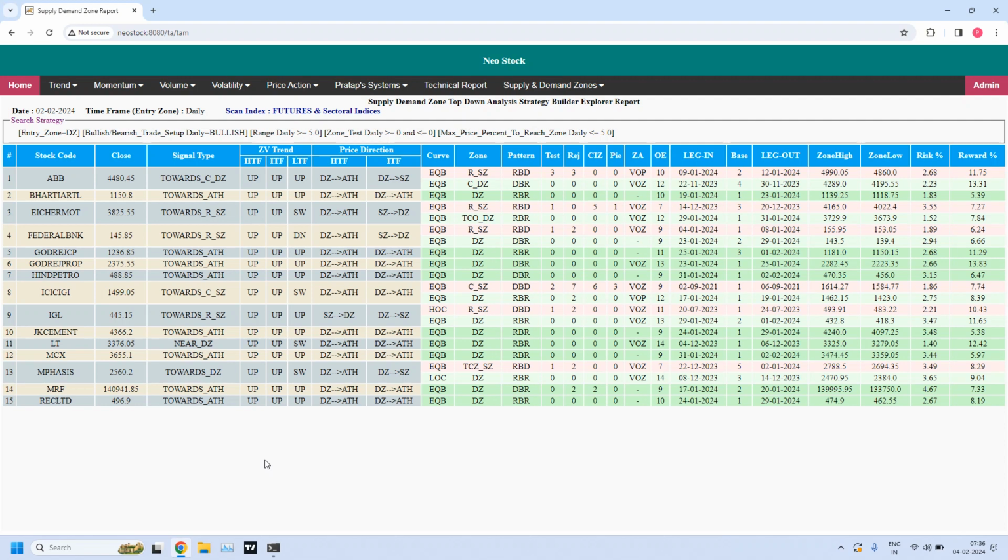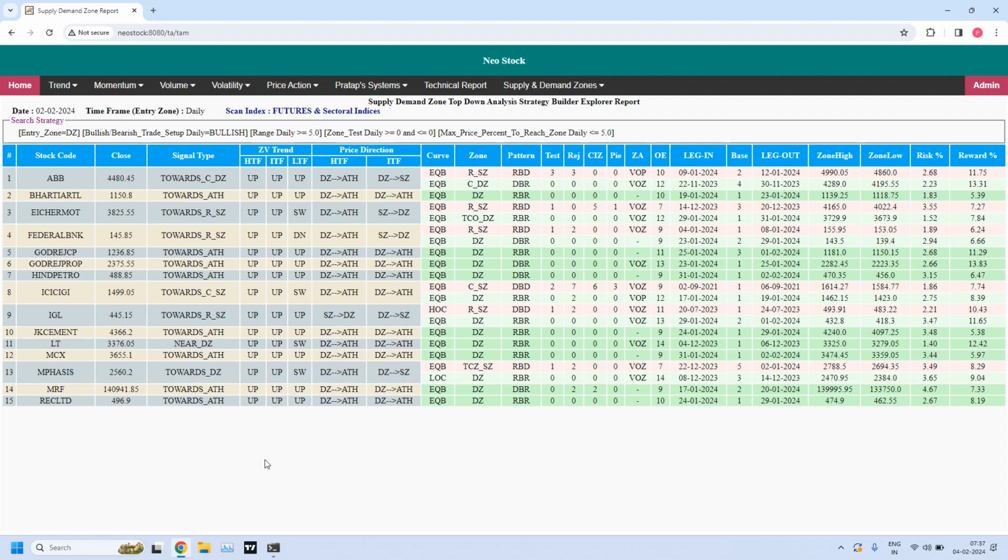I already explained in the zone confluence sessions how we can reduce the risk and improve the reward. The risk management concept I explained in the second phase. In the first phase you learned based on type 1 entry, type 2 entry, type 1 proximal, type 2 proximal and type 3 proximal.